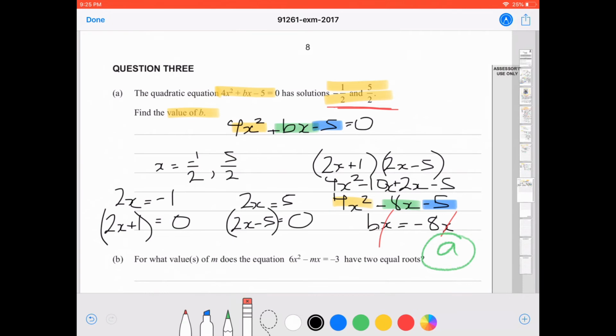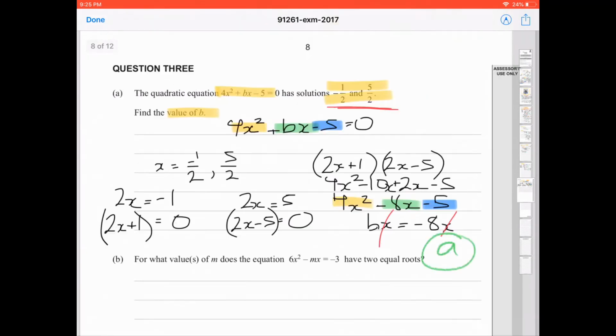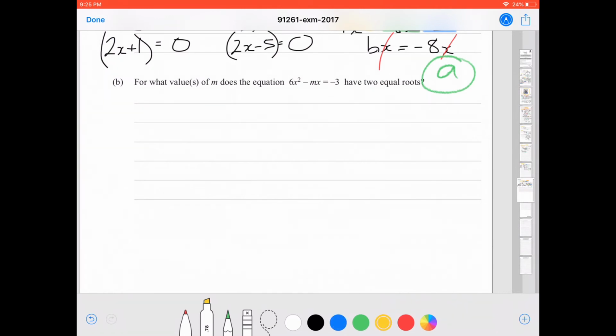Moving on to question 3b. It says, for what values of m does the equation 6x squared minus mx equal negative 3 have two equal roots? So 6x squared minus mx, we'll bring our negative 3 to the left-hand side, put it in quadratic form, so it becomes positive 3 equals 0.